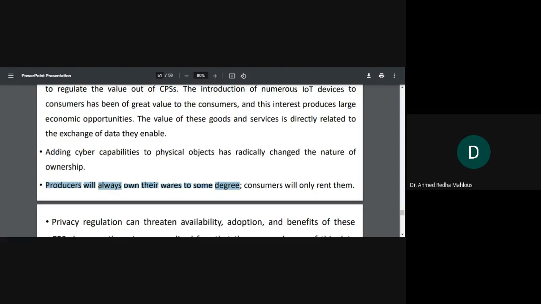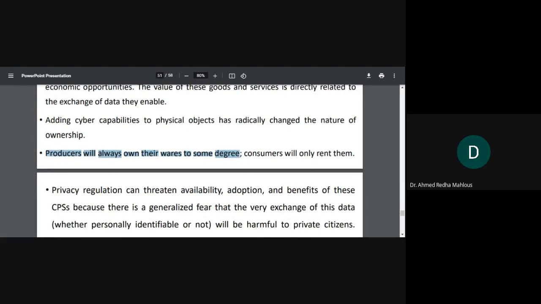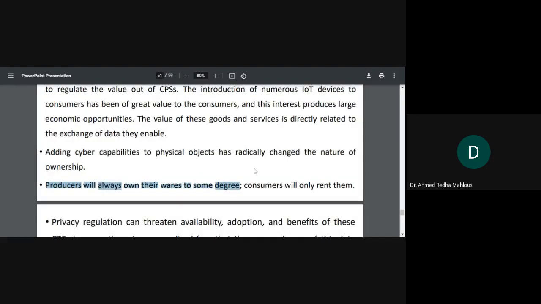This is another challenge in terms of security and data privacy, because you don't own that device. That means Rolls-Royce can access the aircraft data or airlines data, and that puts the privacy of data at risk for some people.